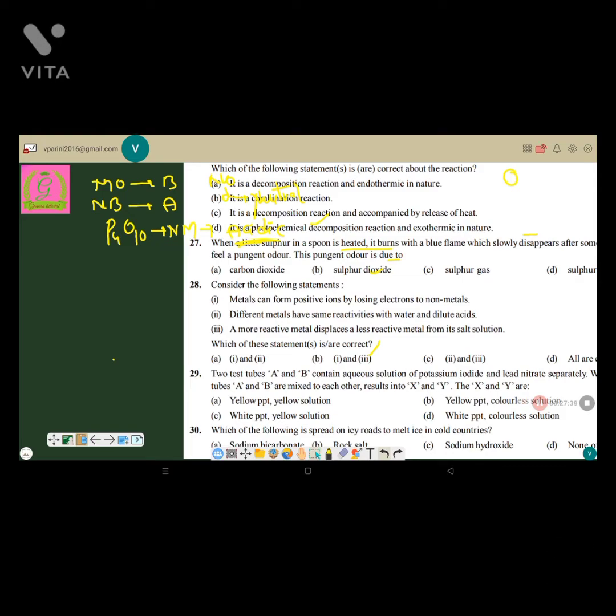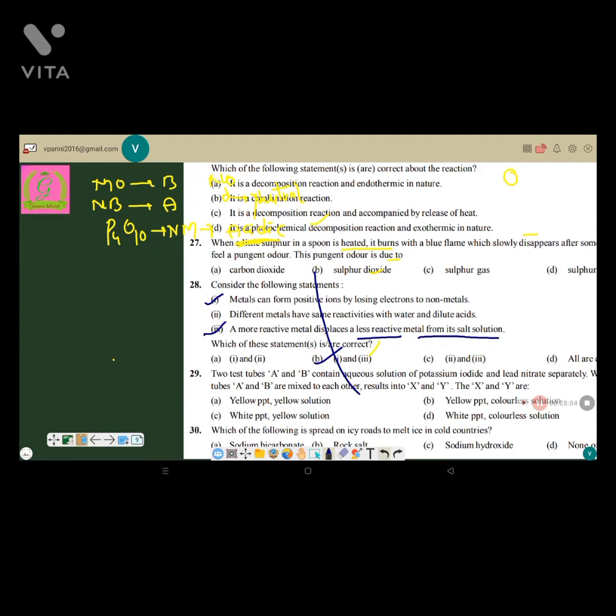Different metals have the same reactivity. That is wrong. No, different metals have different reactivities with water and dilute acids. A more reactive metal displaces a less reactive metal from solution. That is correct. So options 1 and 3 are correct. Option B. Okay, now we'll move to the next question.